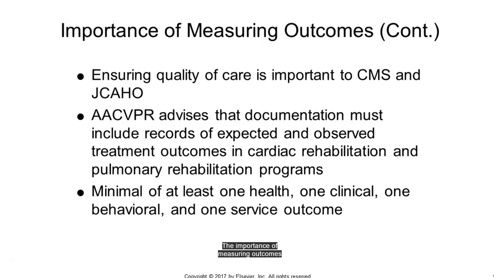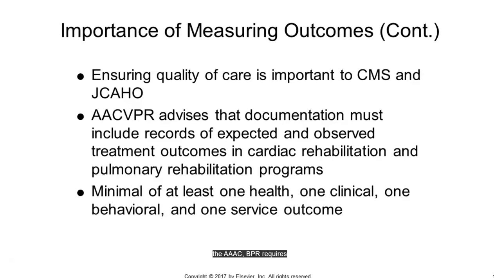The importance of measuring outcomes include accountability to improve clinical and management decisions for optimal care delivery, for research, and as incentives such as the Current Physician Quality Report Initiative, or PQRI. Assuring quality of care is of the utmost importance to payers such as Centers for Medicare and Medicaid Services, CMS, and regulatory bodies such as Joint Commission on the Accreditation of Healthcare Organizations, or JCAHO.